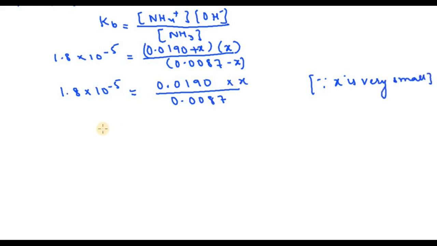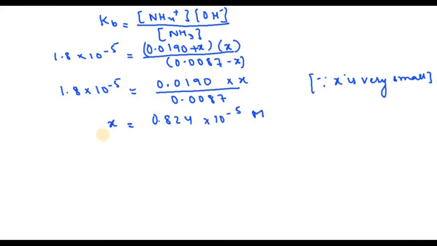So we can easily calculate the value of X from here. After calculating, the value of X comes out to be 0.824 times 10 to the power minus 5 M. As we know, X is equal to the concentration of OH- from the weak base dissociation. So the OH- concentration is 0.824 times 10 to the power minus 5 M. So this is the final concentration of the OH- ion.